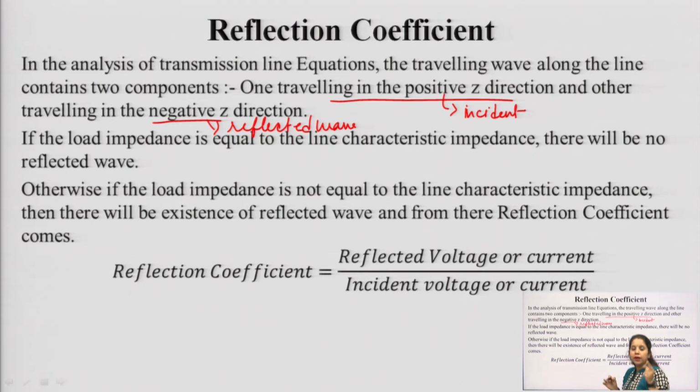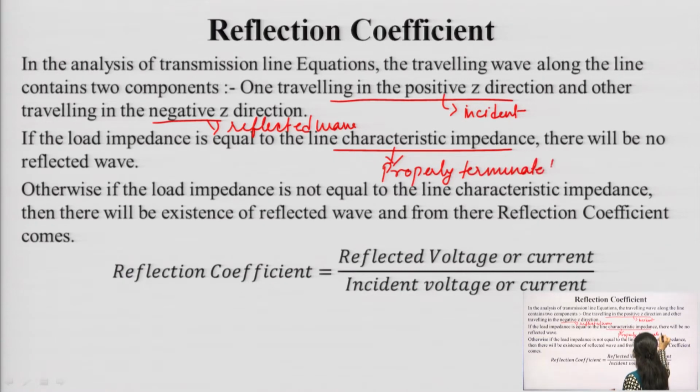If the load impedance is equal to the line characteristic impedance, then this type of transmission line is said to be properly terminated. There will be no existence of reflected wave, and the reflection coefficient, which is given by tau, should be equal to 0 here.